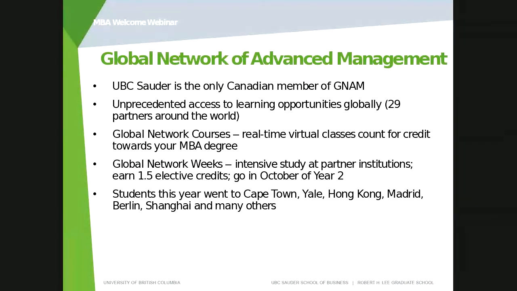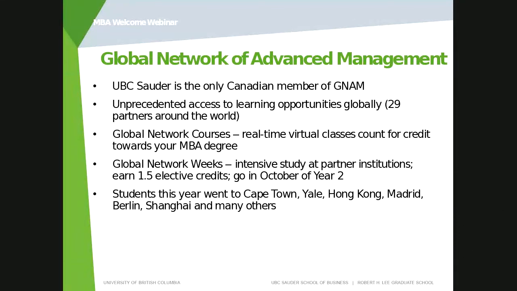So one of the benefits for you as MBA students to belong in this network is an ability to take global network courses. These are real-time virtual online courses that count for credit towards your MBA, and you will see the listings.